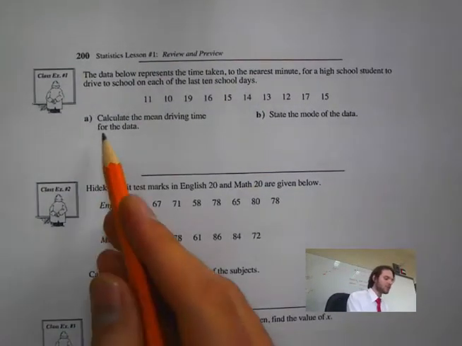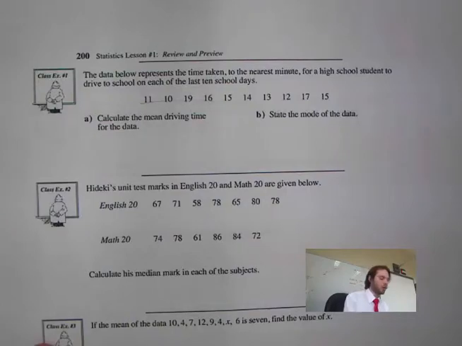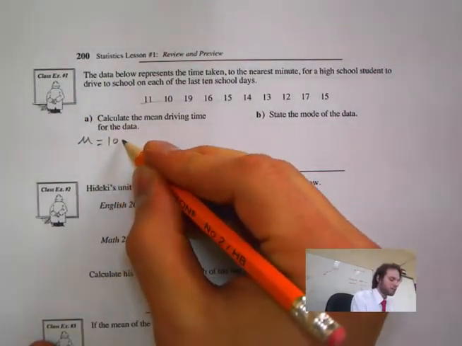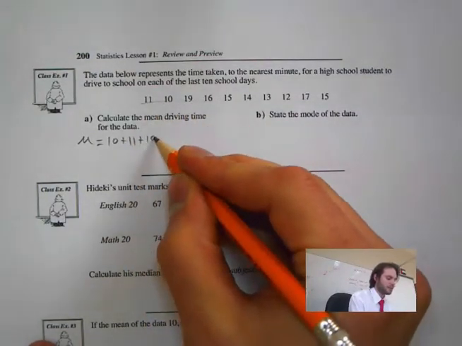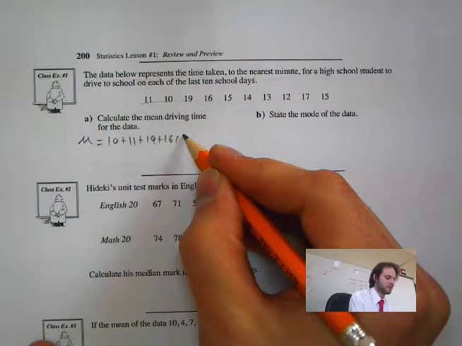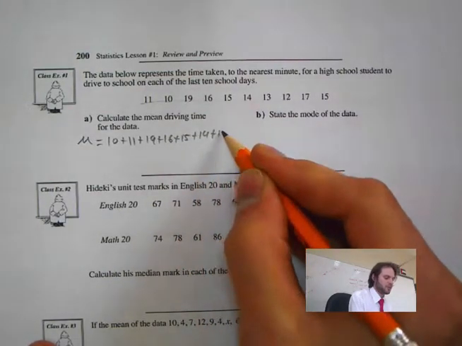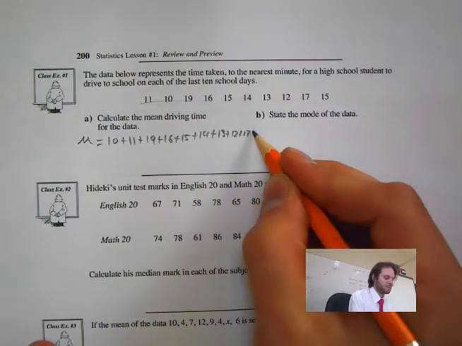It says for each of these, calculate the mean driving time. So for these numbers here, what is the mean driving time? I'm going to have to add all these together. So my mean is equal to 10 plus 11, plus 19, plus 16, plus 15, plus 14, plus 13, plus 12, plus 17, plus 15.